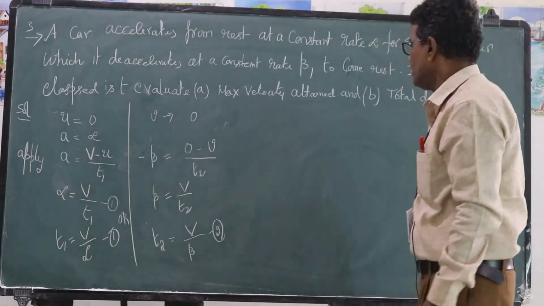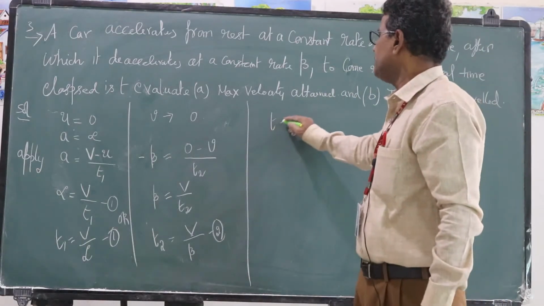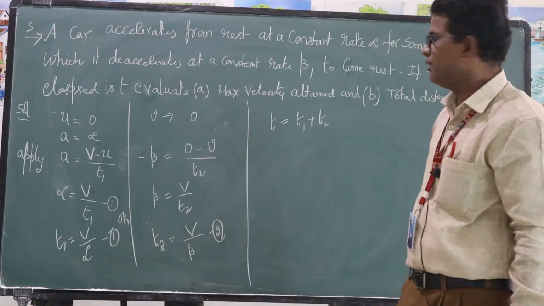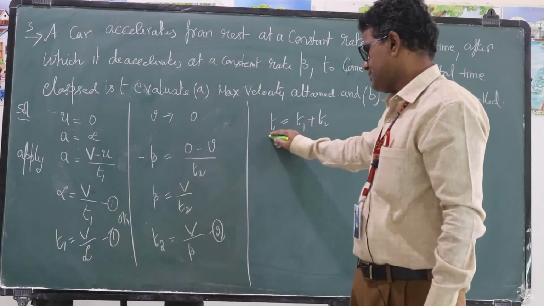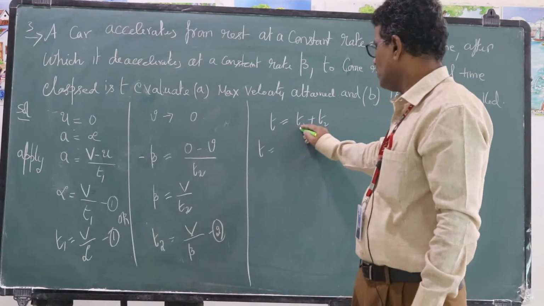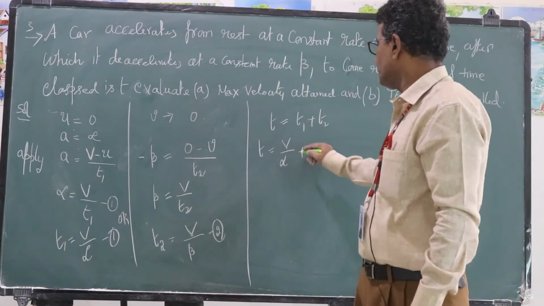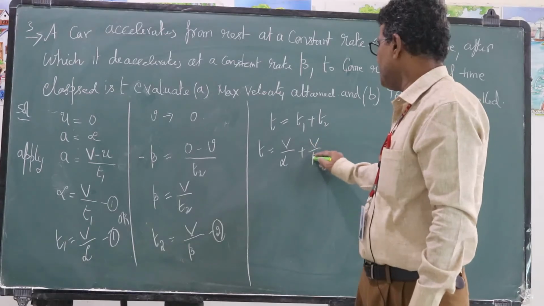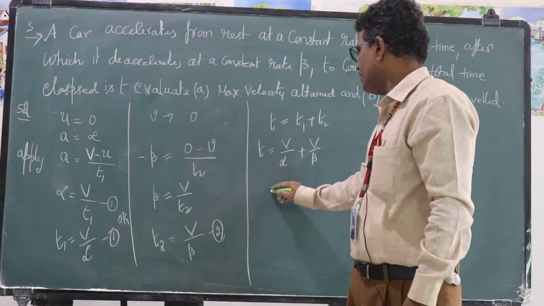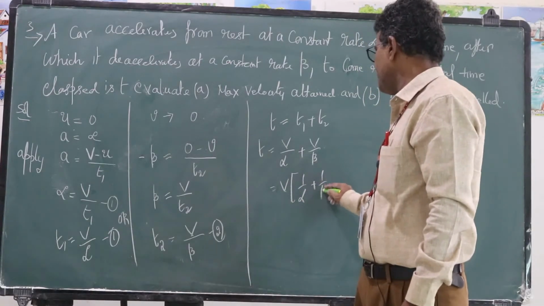Total time is T, which is T1 plus T2. What is T1 from equation 1? V by alpha. What is T2? V by beta. So you take the LCM and write V into 1 by alpha plus 1 by beta.